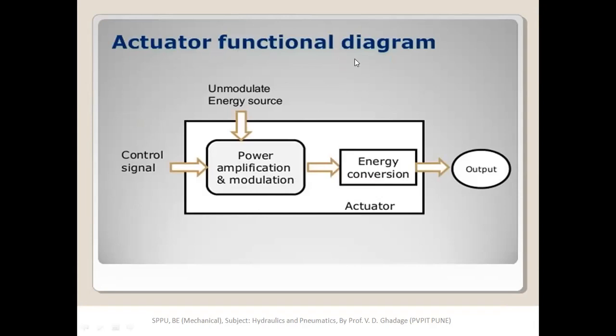Actuator functional diagram: control signal, unmodulated energy source, power amplification and modulation, energy conversion by actuator, and then the output. The function of an actuator is to receive signals, amplify them, convert them into energy, and give the output. This is the actuator functional diagram.